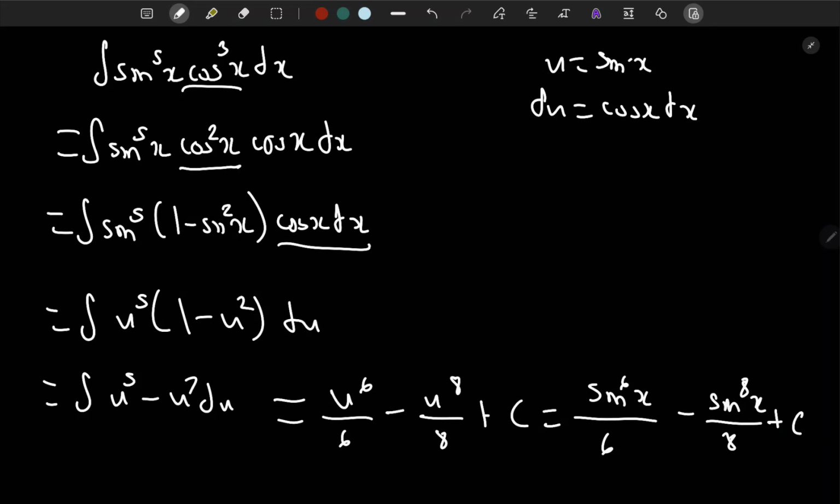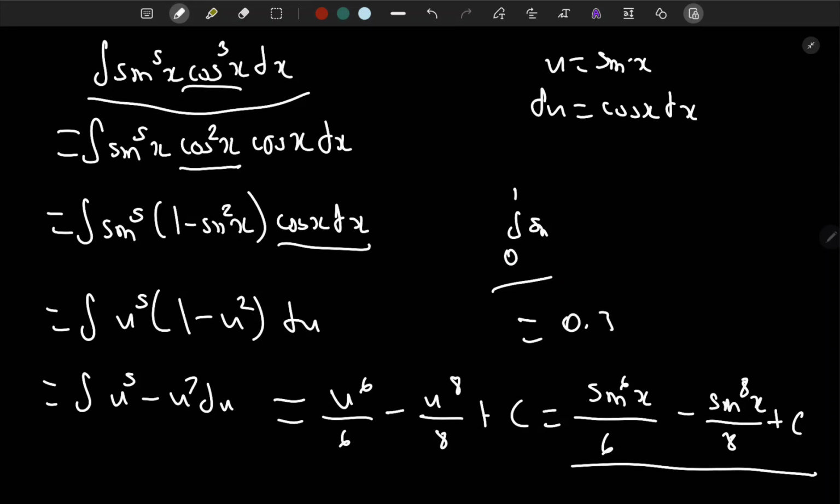Now I will be making a short video on how to recheck your answer on the calculator for any indefinite integral. I'll just give you a short demo of how to do that. We have the final answer here, and if you want to recheck it from the question, we can put any two limits in your calculator, let's say 0 and 1, and we can just integrate the question and get a value, let's say 0.3.